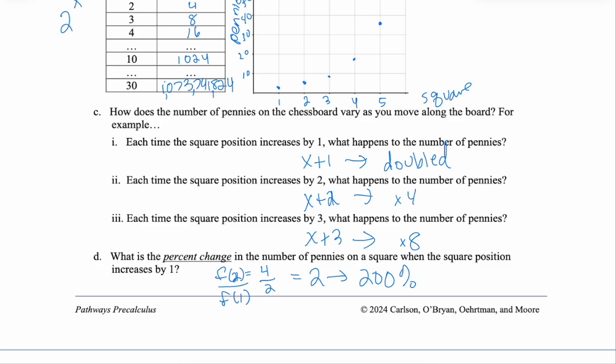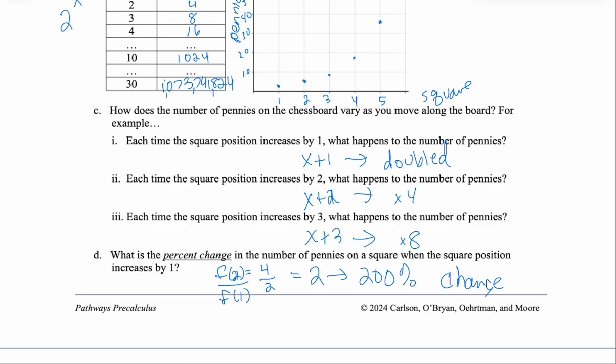Any of these, if we think about it, 200% of 8 is doubling 8. Well, actually, let's talk about the change in percent. So we went up by 200%, or we multiplied by 200%. I'm trying to think of a great way to explain it. So we were at 100%.